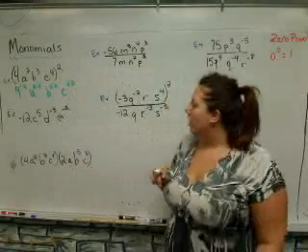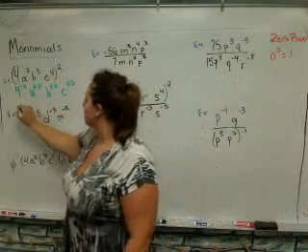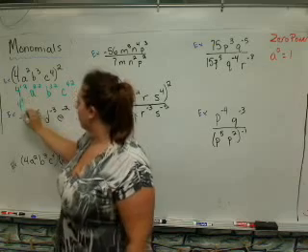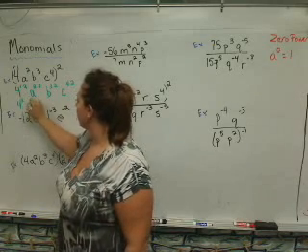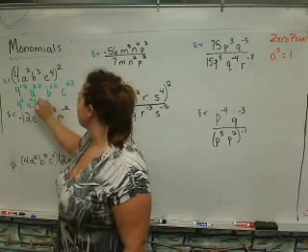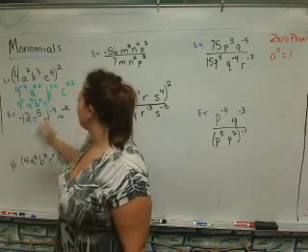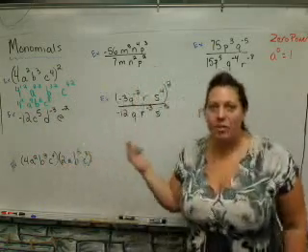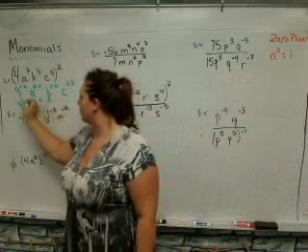Then I'm going to simplify this. So it's going to be 4 squared, a to the 4th, b to the 6th, and c to the 8th. That is my simplified monomial, and that's what I would be looking for right there.